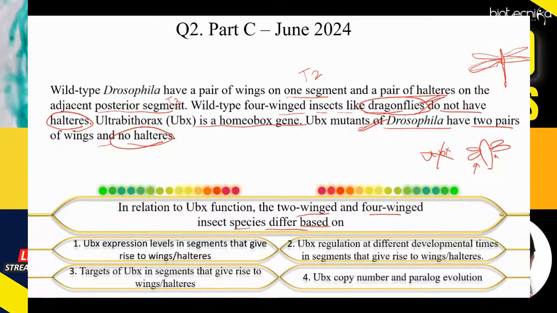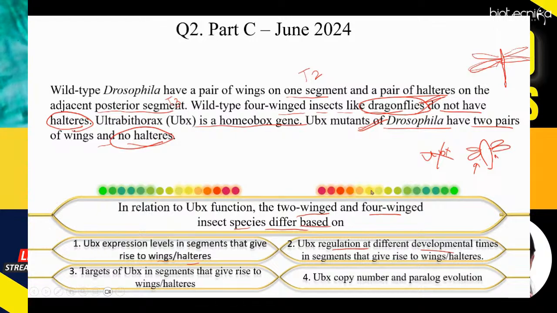Is it UBX expression levels in segments, the different expression levels that give rise to wings or halteres? Or is it the regulation at different developmental times, that sometimes they give wings and sometimes halteres? Or is it the target of UBX in segments that gives rise to wings and halteres? That means where UBX will be expressed, or is it copy number or paralog evolution?